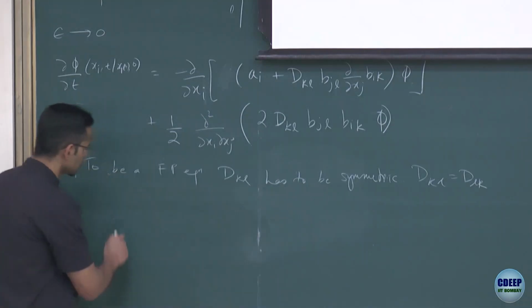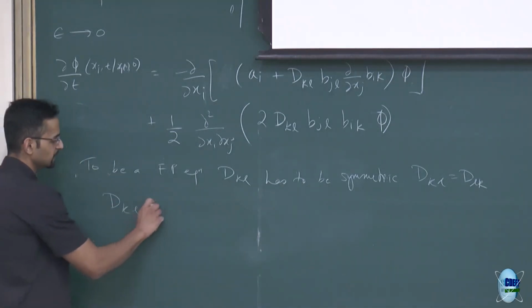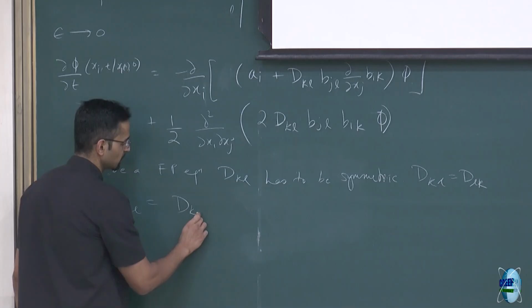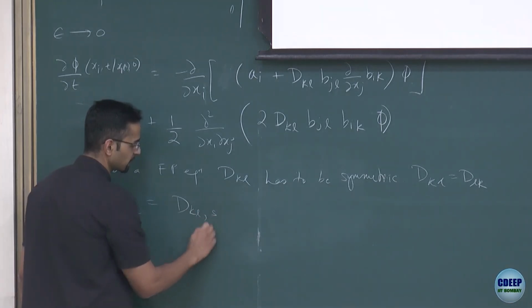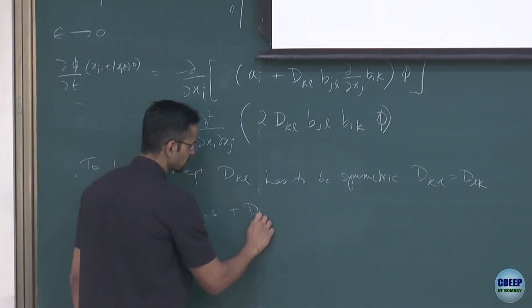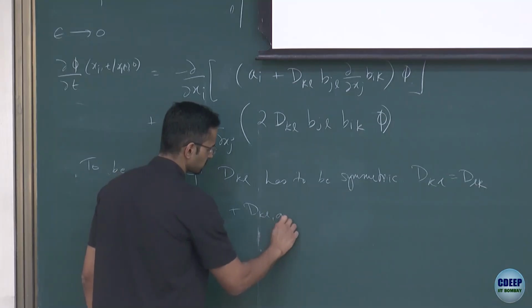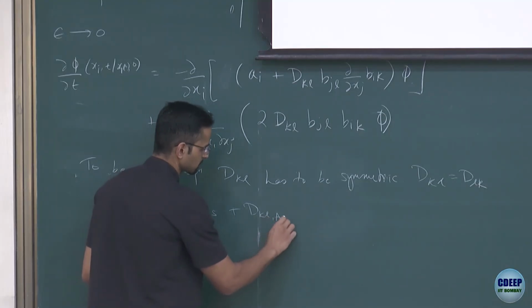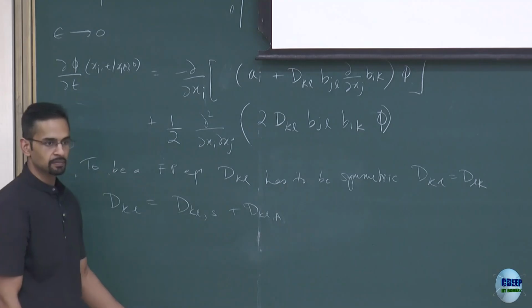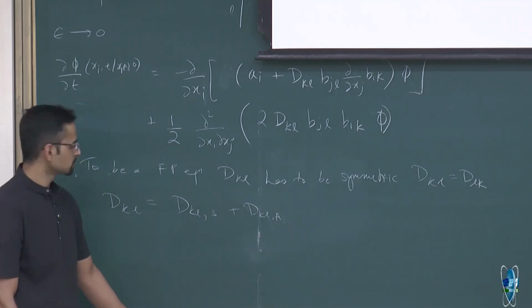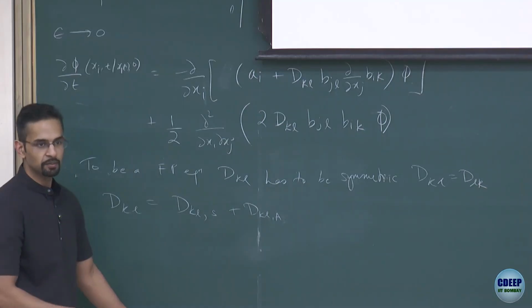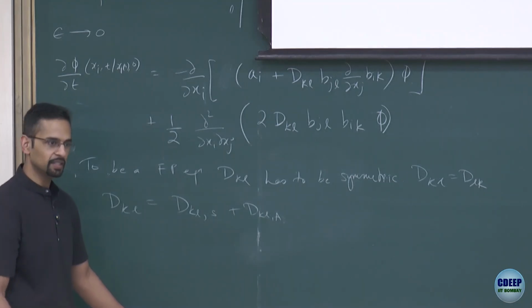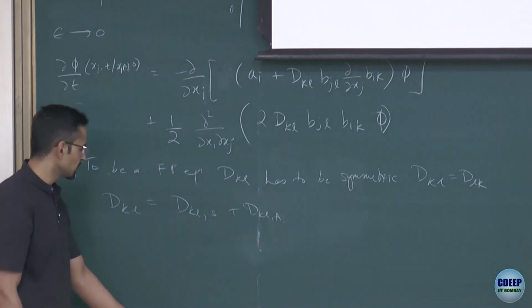So what you can always do is write D_kl in terms of its symmetric part plus its antisymmetric part. You can decompose any matrix into symmetric and antisymmetric parts just by adding it with its transpose and subtracting its transpose.